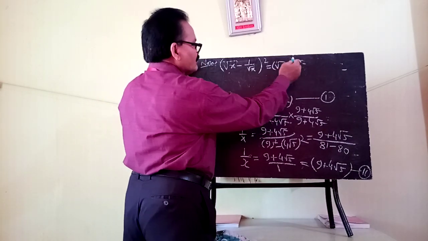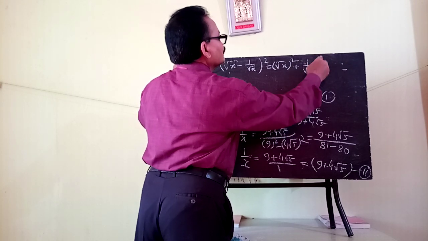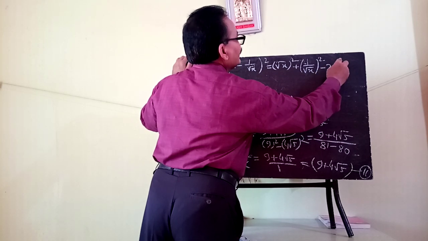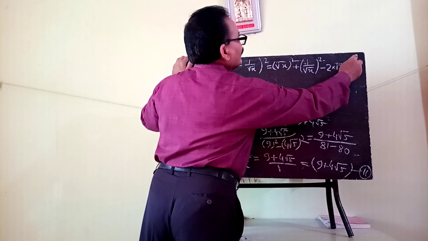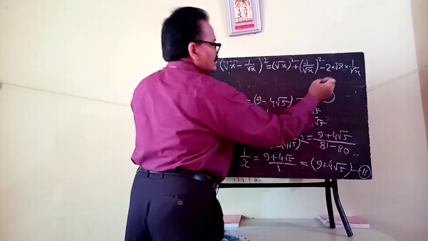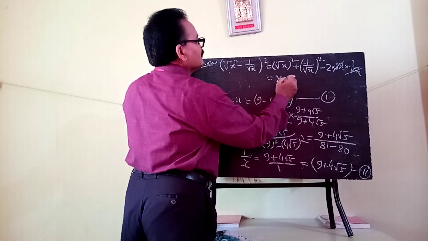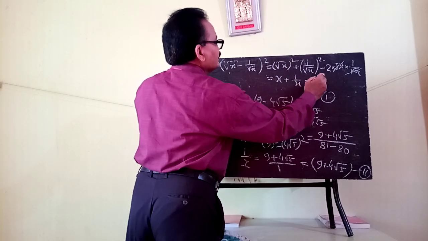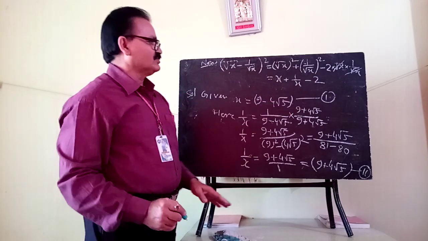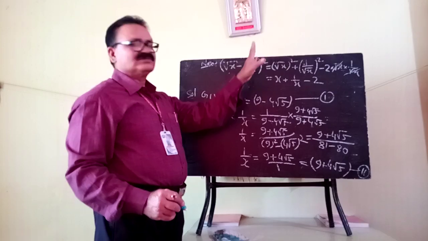So root x square plus 1 upon root x square minus 2 into root x into 1 upon root x. So a square plus b square minus 2ab. The root x cancel each other, so this will be x plus 1 upon x minus 2. This is for square root of x minus 1 upon square root of x whole square.